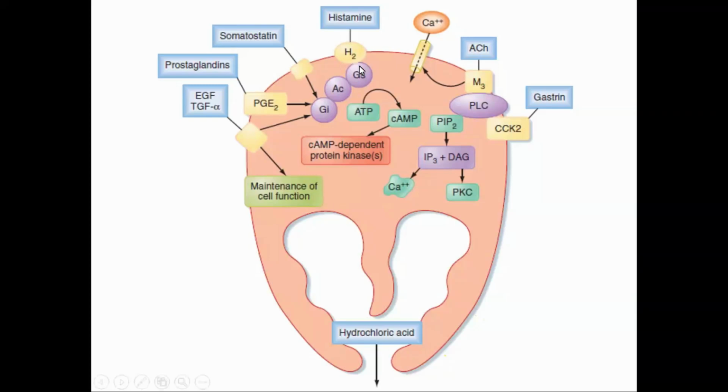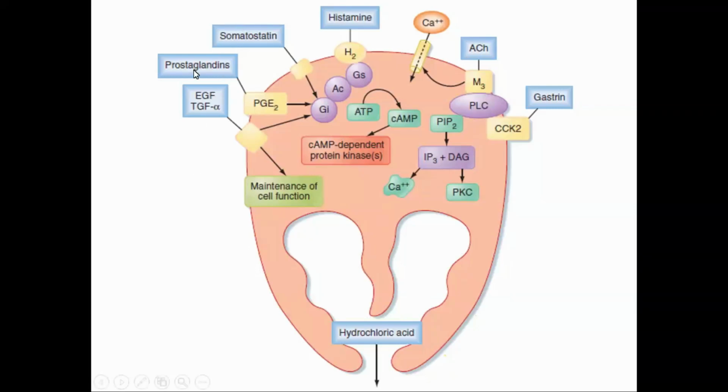So GS is stimulated, and the adenylyl cyclase enzyme is activated, which converts ATP into cAMP. cAMP activates protein kinase A. PKA causes phosphorylation of the tubular vesicles. When the tubular vesicles become phosphorylated, they will be fusing to the lumen of the parietal cell, right?